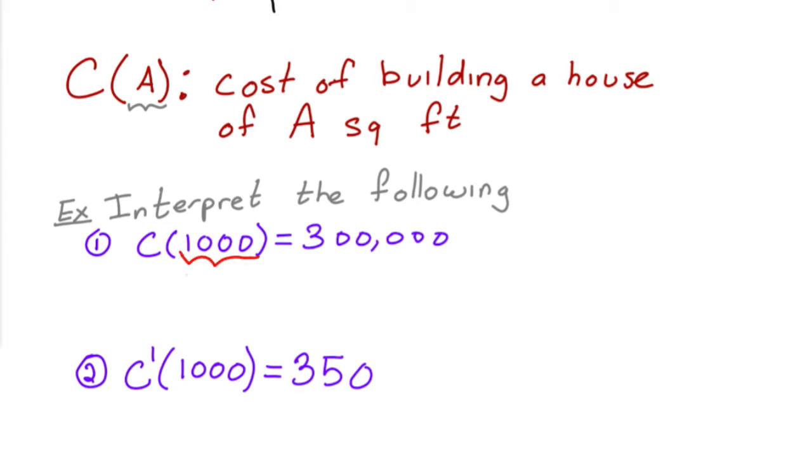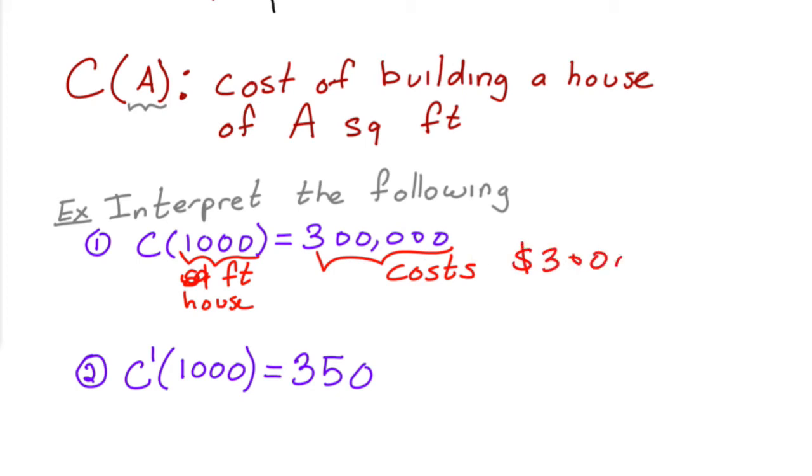What this tells me is that if I want to build a house of 1,000 square feet, a 1,000 square foot house, it's going to cost $300,000 to build. That was a pretty easy one.